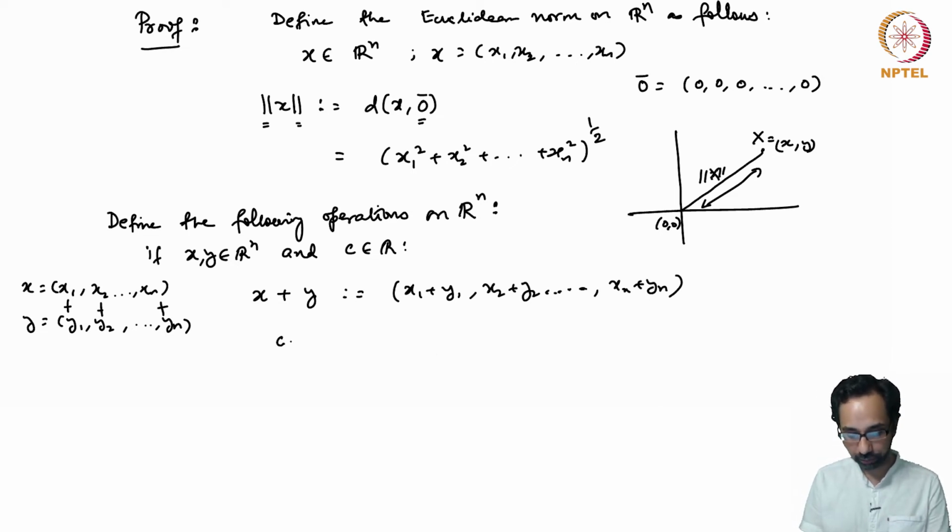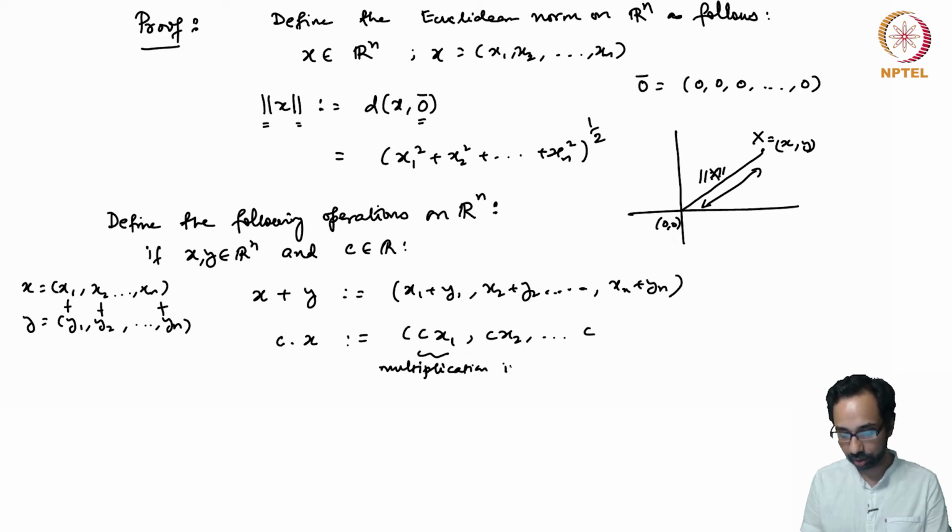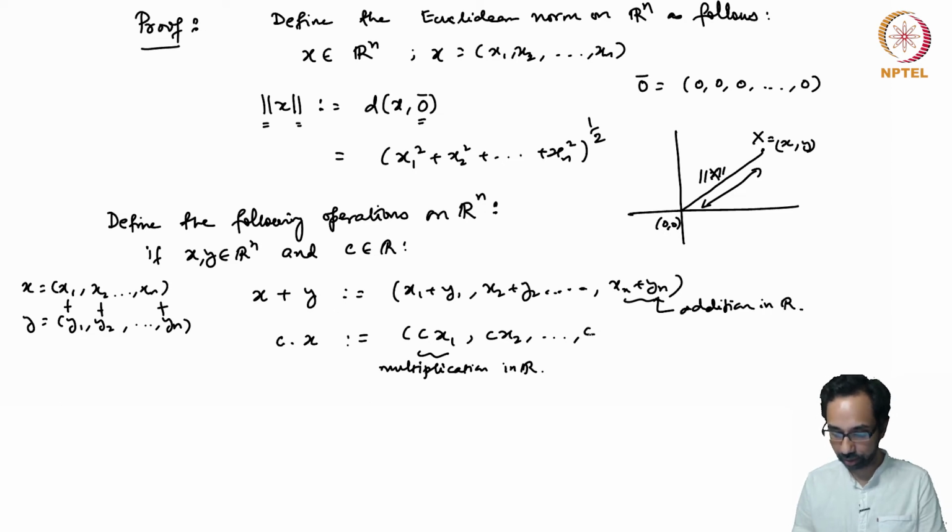Similarly, we define c times x, which is the coordinate-wise multiplication by c. This is just the usual multiplication in R, and the addition is addition in R for each coordinate, and here you have c xn.